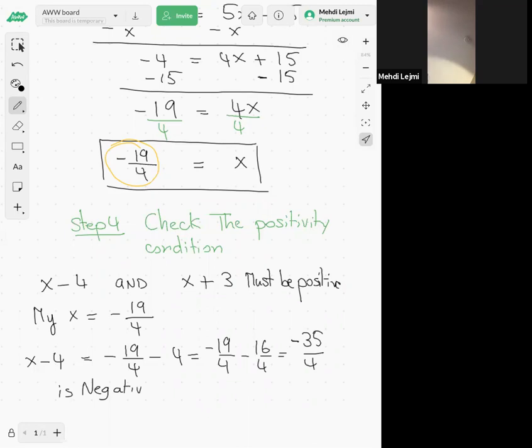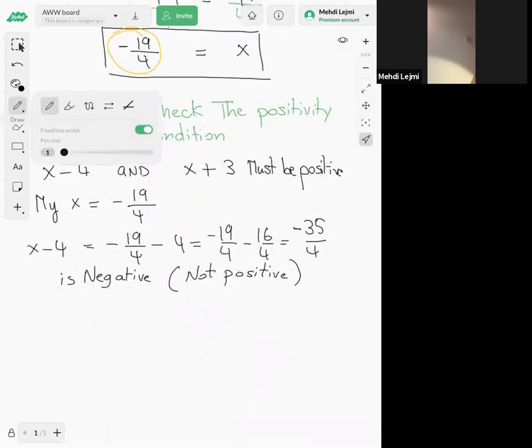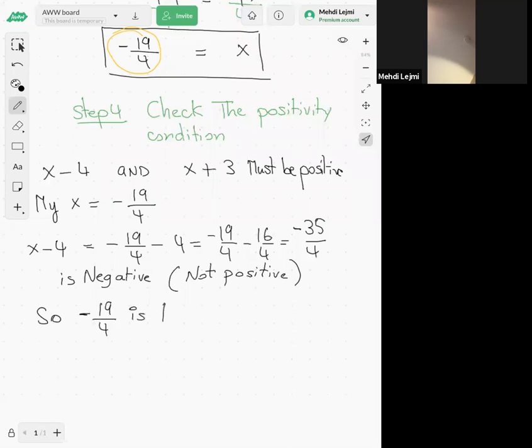It's not positive. So if it's not positive, then we have to reject this solution, negative 19 over 4. So the conclusion is negative 19 over 4 is rejected.